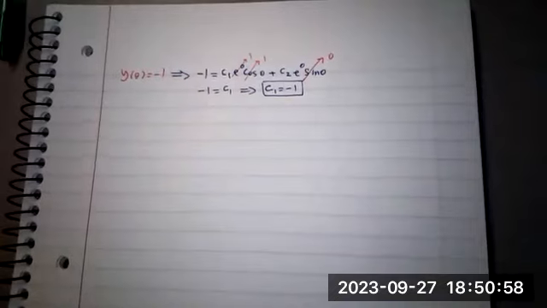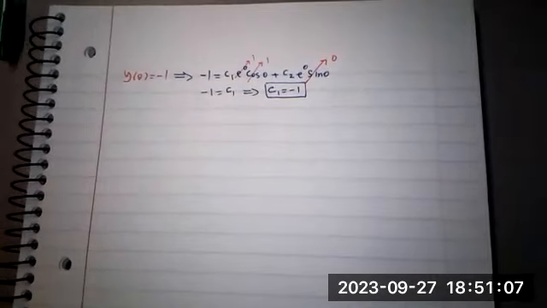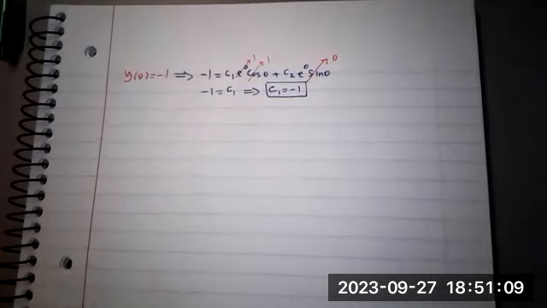Any questions? Now you want to impose the second condition, so you have to find y prime first, because you want to apply y prime. Differentiate the solution that we have.